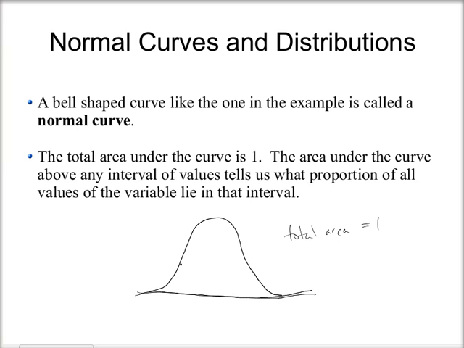If I take any interval, say this interval here, and I find the area of the curve over that interval, let's say that that area is 0.1. So that area is 0.1 and my total area is 1, then that area is 10% of the total area, which means that 10% of my values fall into this range in this interval.